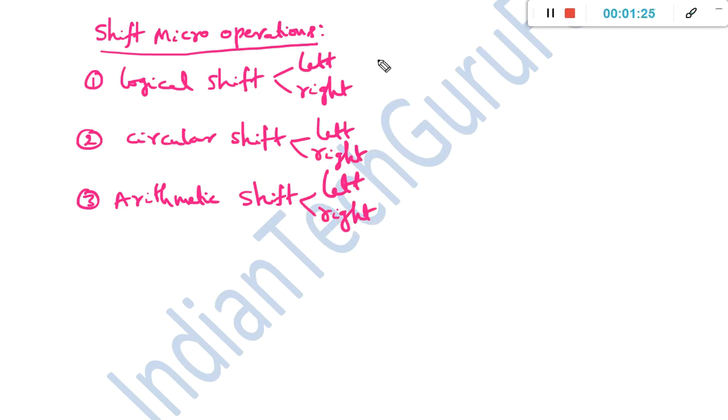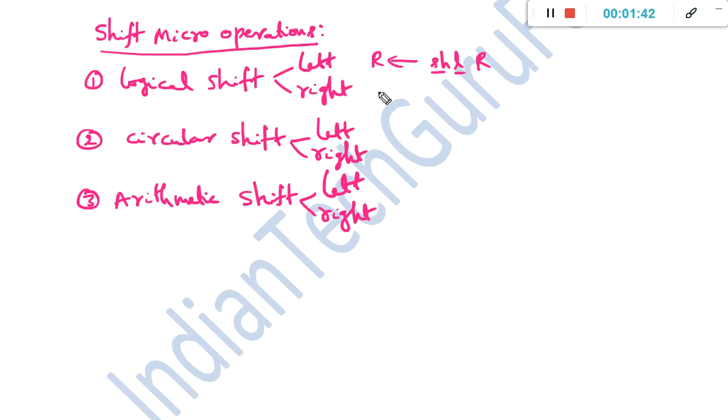How are we going to represent these in a register? The symbolic designation is as follows. Logical left shift is represented as R ← shl R, shift left.